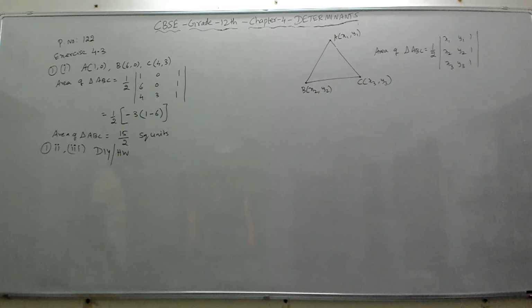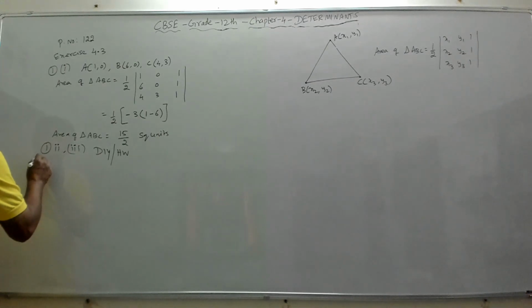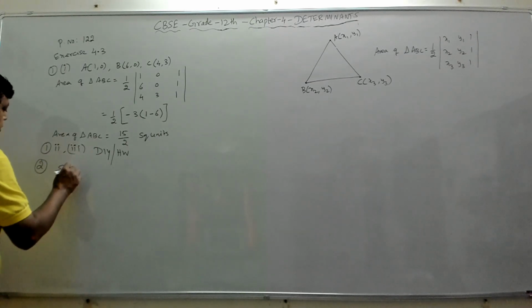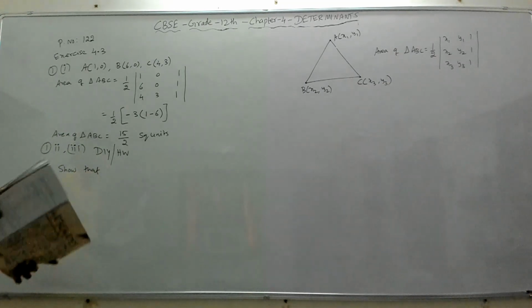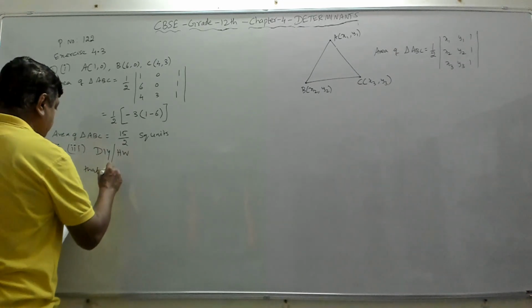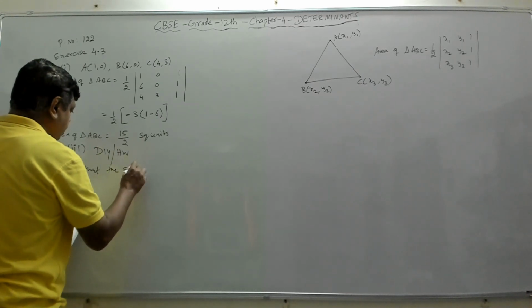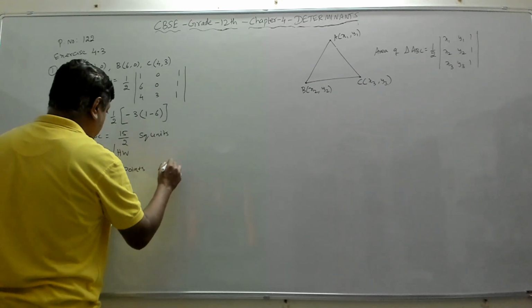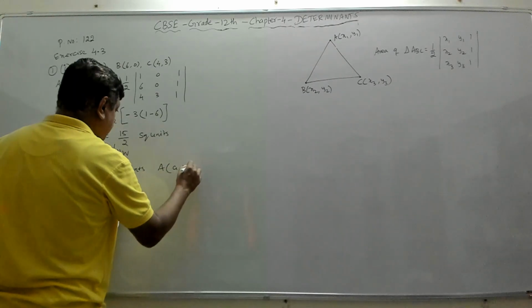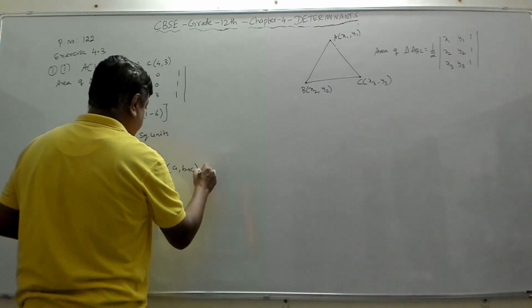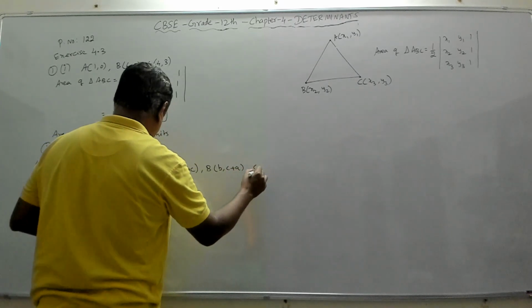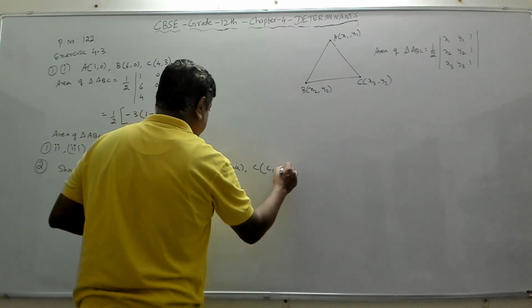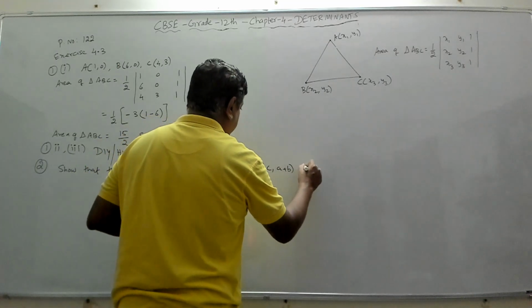Fine. Then the second problem is: show that the points A of A comma B plus C, B of B comma C plus A, and C of C comma A plus B are collinear.